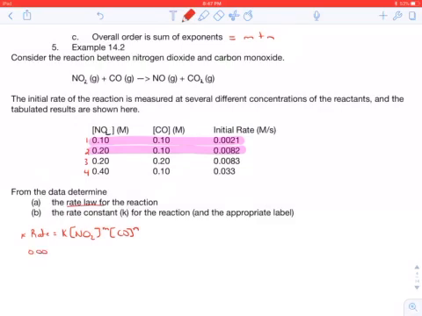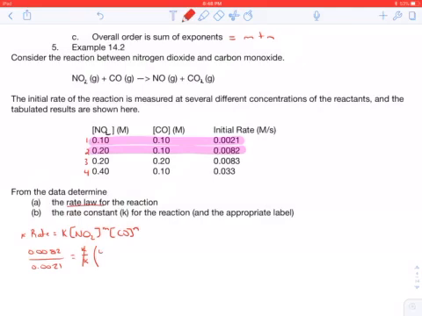So we've got 0.0082, that's experiment 2, over 0.0021, and this is equal to K over K, which is constant, so it's going to stay the same. Let's cross that out.